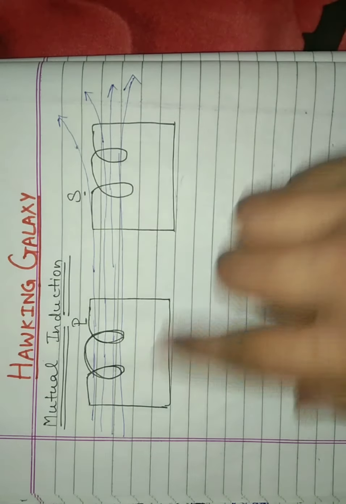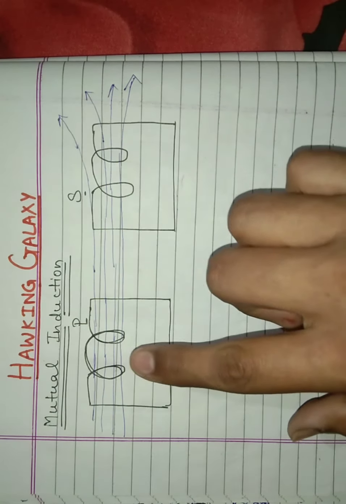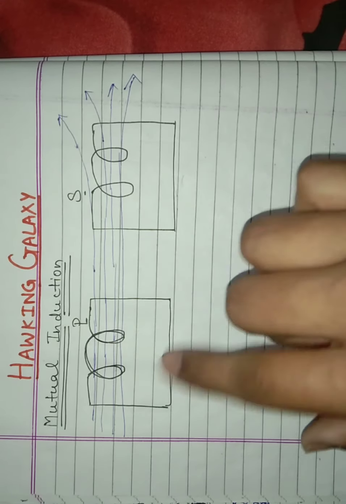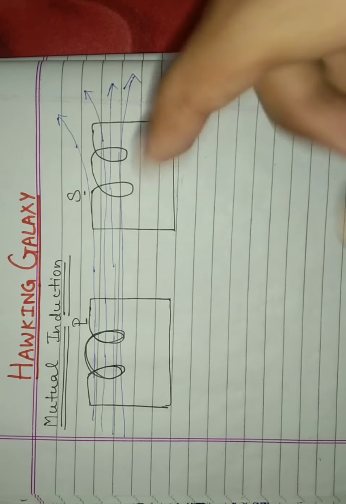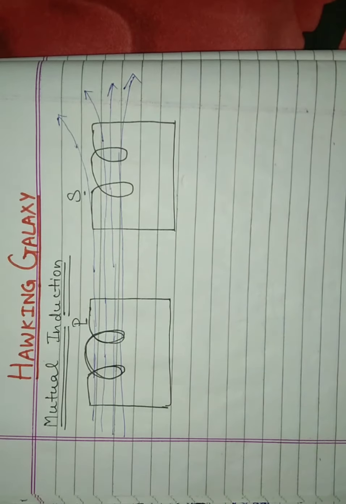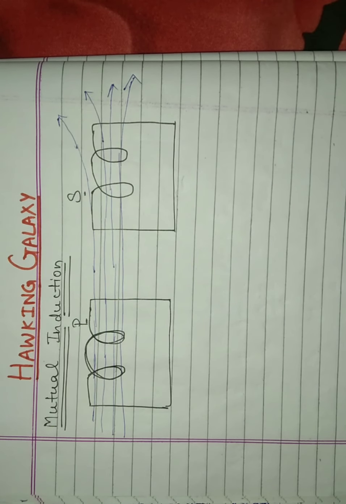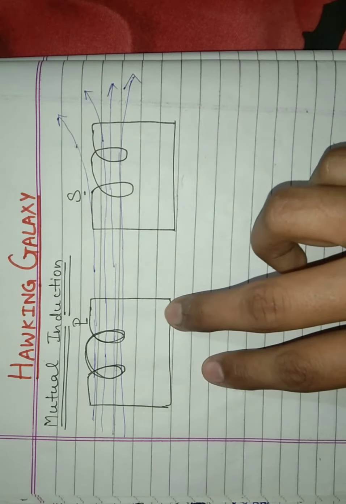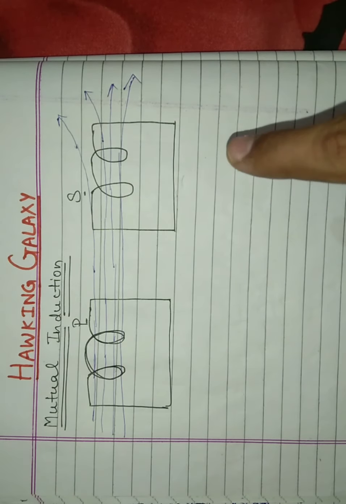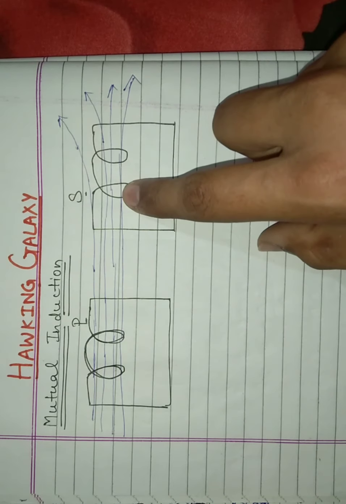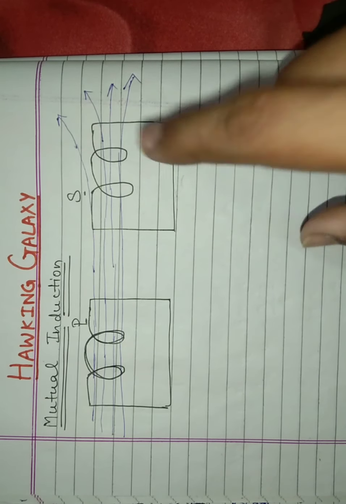I think this line shows that the entire flux of the primary coil is linked with the secondary coil. If there is a change in current in the primary coil, then there must be a change in current in the secondary coil. You should know that if the magnetic flux or electric current is linked with the secondary coil, then definitely it is going to induce an EMF across this secondary coil.